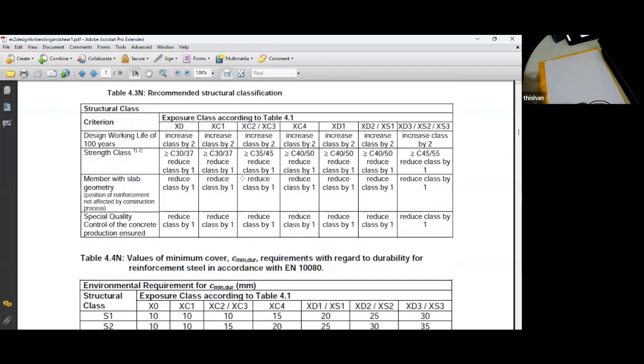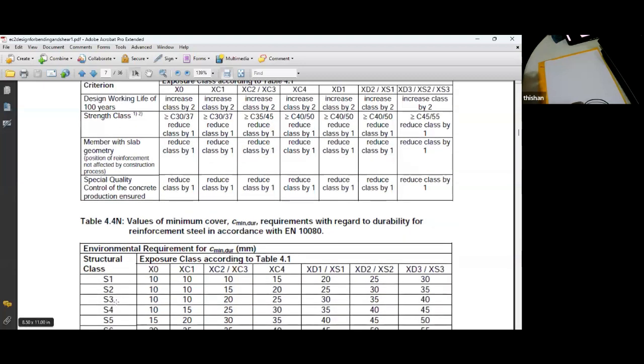But if you are using high strength concrete, so if the concrete strength is more than 35/45, reduce the class by 1. So then you don't have to look at S4, you look at S3, and you need 20 millimeter cover. So 20 plus 10 is 30.